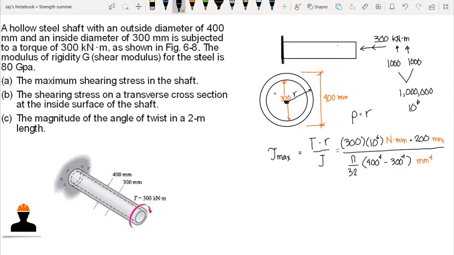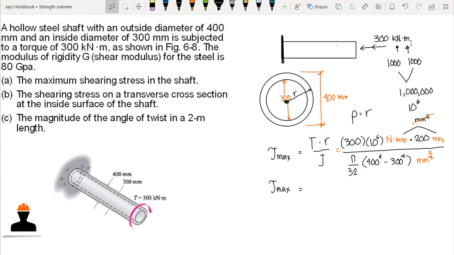Our answer is in newton per square millimeter, since the units cancel down to that. So our maximum shearing stress is 34.92 newton per square millimeter, or megapascal. This is the maximum shearing stress in the hollow steel shaft.